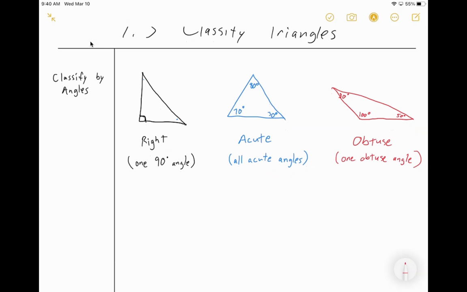On your homework, you're going to need to be able to look at a triangle and tell me, is it a right triangle, an acute triangle, or an obtuse triangle? That's part of it, at least.